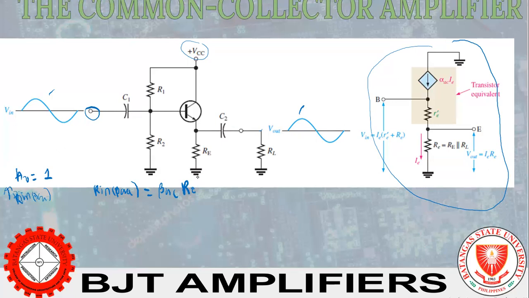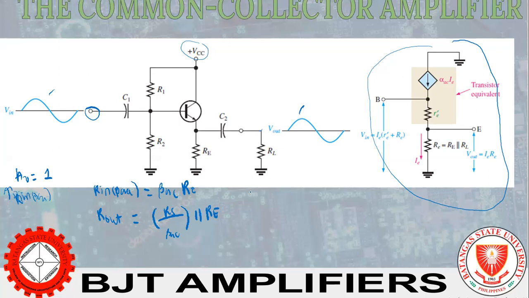Okay? So, yan ating gagawin. So, same lang din yung Rin tot. Ganun-ganun din. So, ito lang yun. Sa halip na Re prime, so Re na yung ating content natin. So, for the output resistance, we have Rs over beta AC. Then, ipaparalan natin kay Re. Re na DC. So, kanina AC emitter resistance yung Re natin.